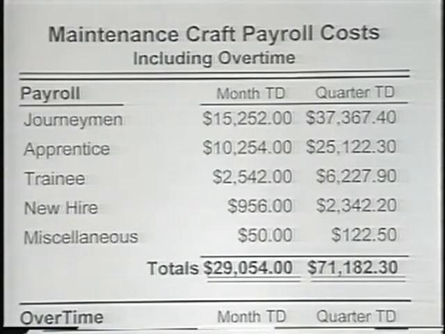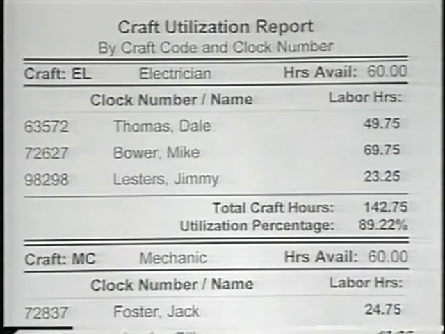Now, moving on to the next exhibit, which is in your notebook under page 9-2, we're showing a craft utilization report. And this craft utilization report is for 2 specific crafts. One is for the electricians, and it shows that we have 160 hours available.